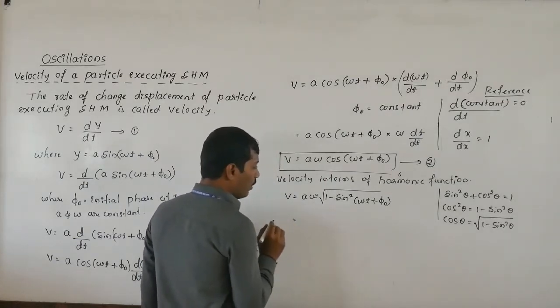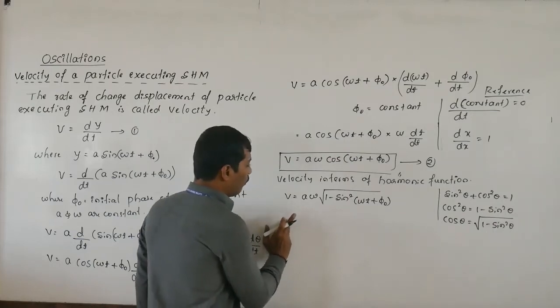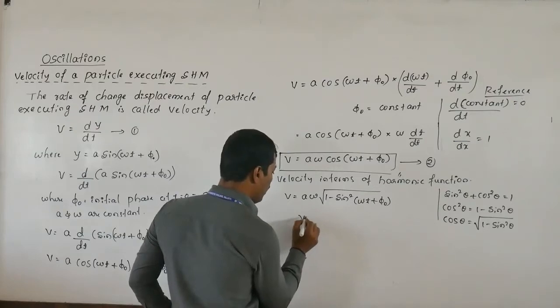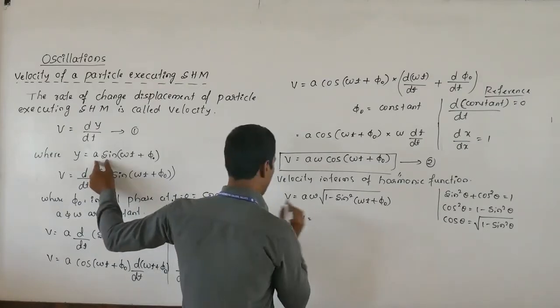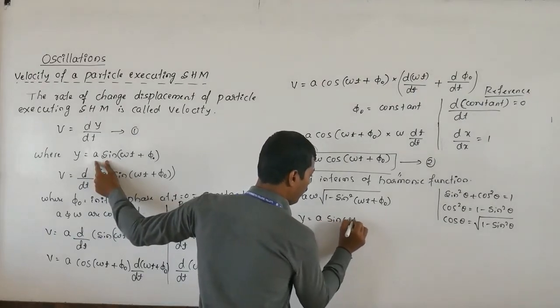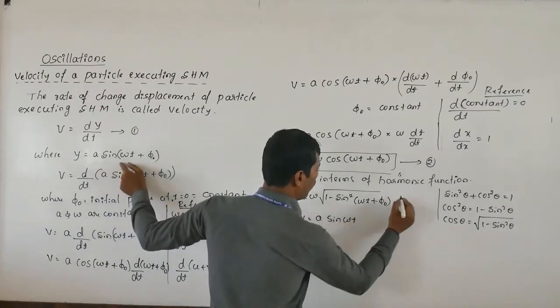Then we have to write one form. We know the displacement equation, that is y is equal to a into sine of omega t plus phi naught. Call this equation number 3.